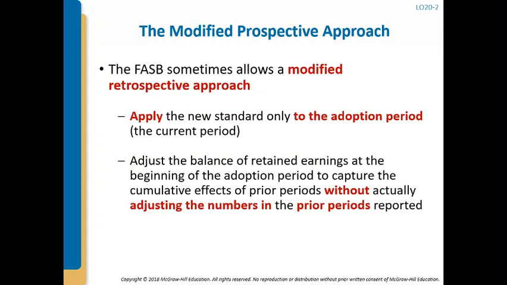All right, the modified perspective approach. Sometimes you can't retrospectively do things because you just don't have enough information to do it, usually. And so here, if that's the case, you're going to apply the new standard only to the adoption period, which is the current period, and you're going to adjust the balance of retained earnings at the beginning of the adoption period to capture the cumulative effects of prior periods without actually adjusting the numbers in the prior periods reported.